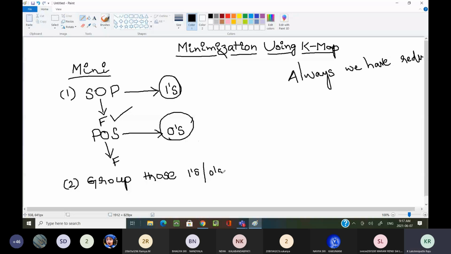Okay, after grouping the ones, what can we form? What is our final result after grouping the ones? It may be a pair.